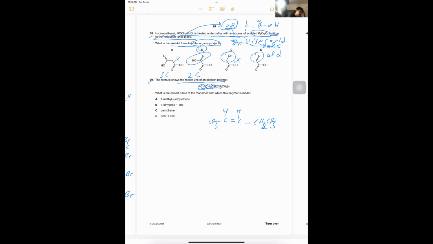That should be correct. So the double bond is somewhere there, the monomer from which this polymer is made. So this is pent-2-ene, because this is carbon 1, carbon 2, this is 3, this is 4, 5, so this is pent-2-ene. So I will go with option C.